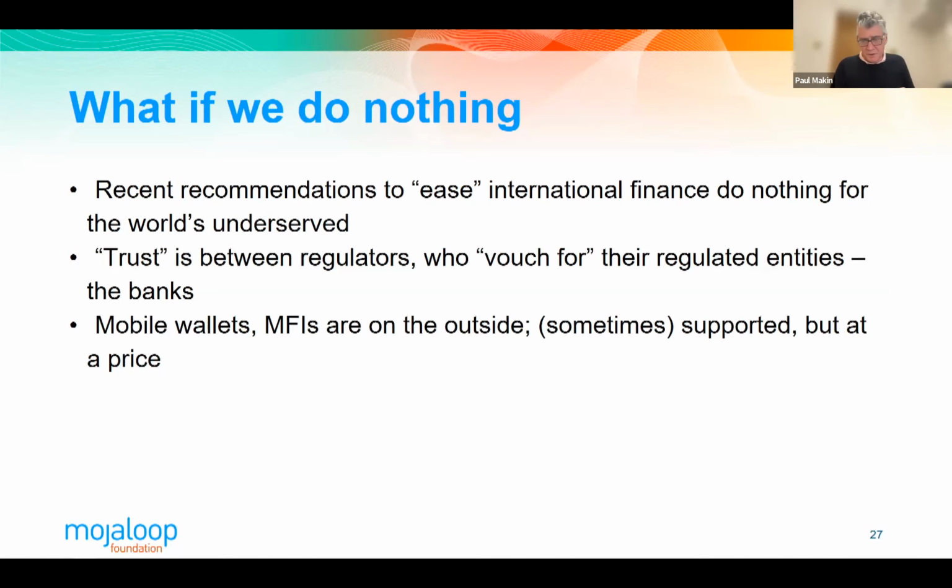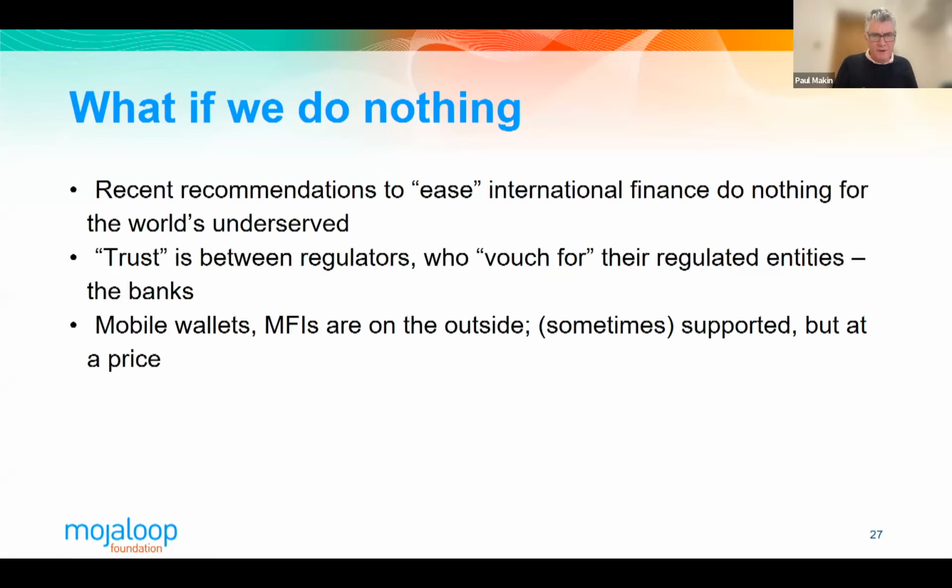We have bodies called the FSRBs, which act on a regional basis as a collaboration between regulators to do mutual evaluations. So they each check each other's regulations and the way that they are enacted to check that they are compliant. So the trust actually acts between regulators. That's the fundamental element.